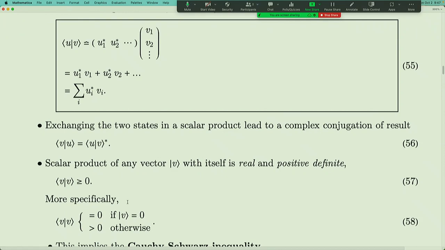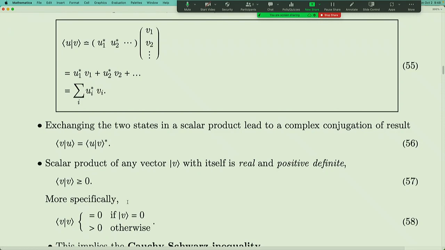And if you take any vector and take the inner product or scalar product with itself, then you are basically calculating the norm of this vector, or the length of this vector. This result will be greater than or equal to 0, because now you have Vi star and Vi, and we know that Vi star Vi is simply the absolute value of Vi squared, which is non-negative.